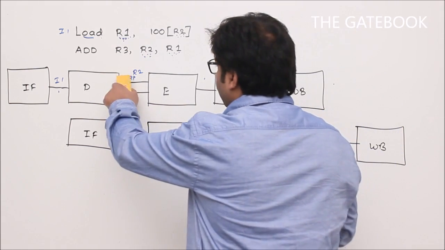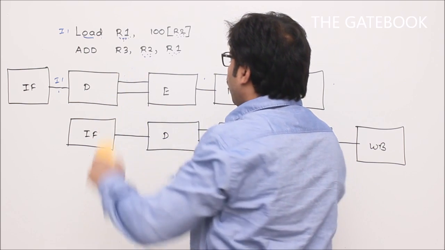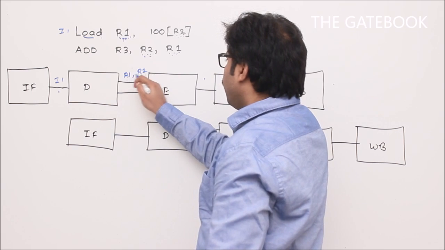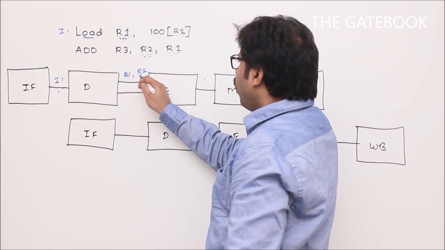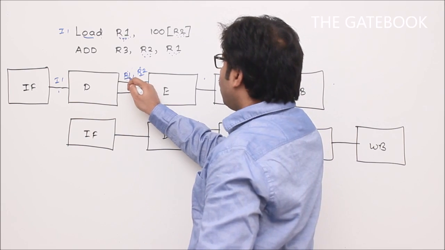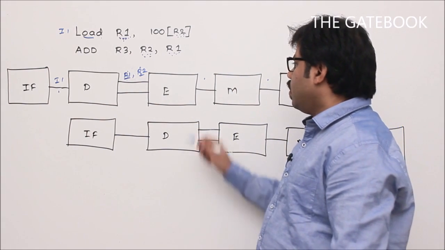Remember it. There is a difference: we are using the value inside R2, and we are using the address of R1 here. Now the third step, execute.